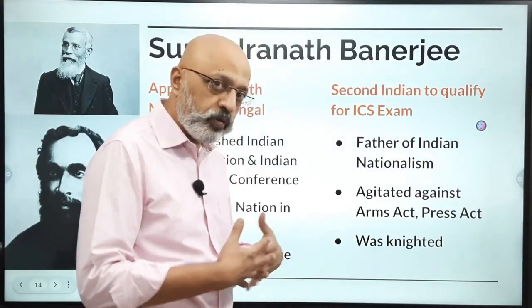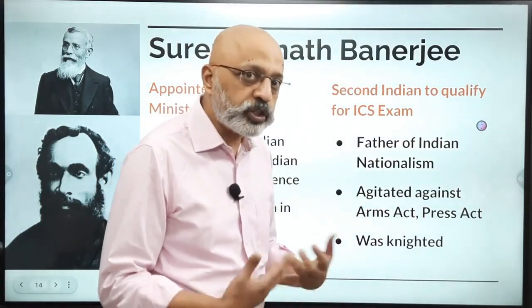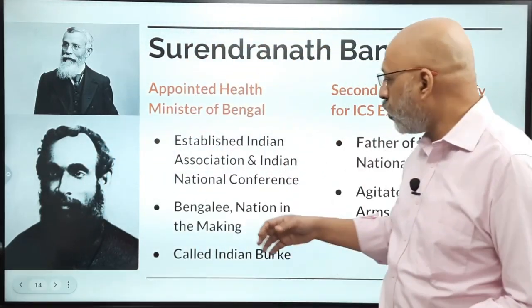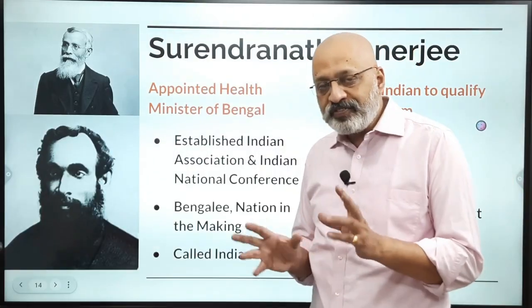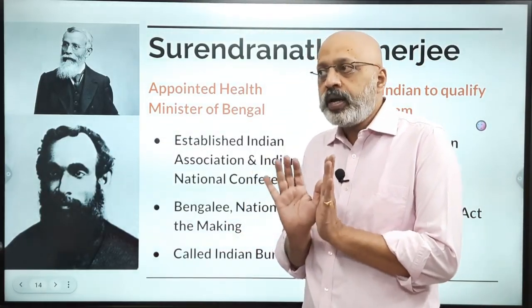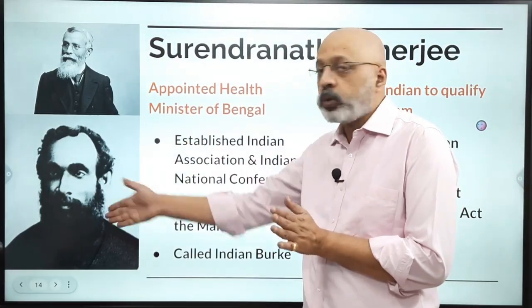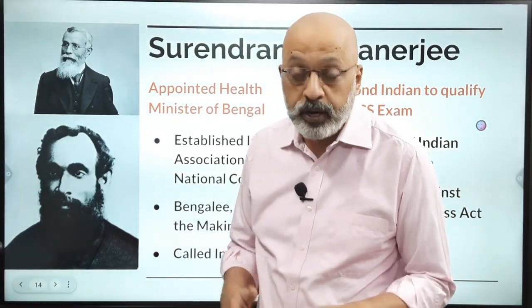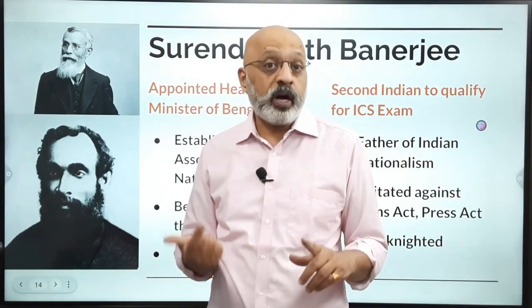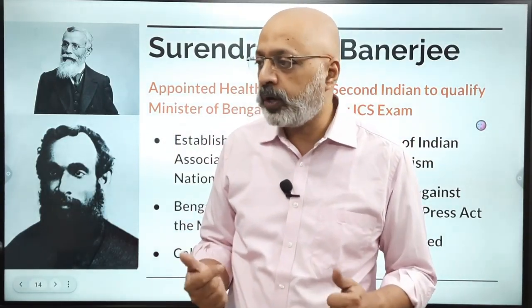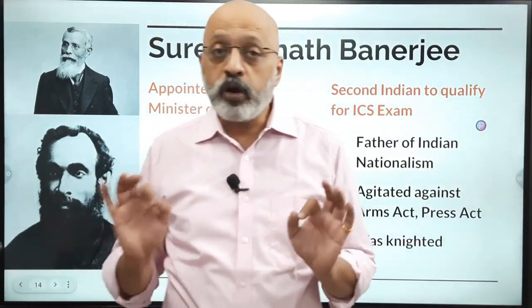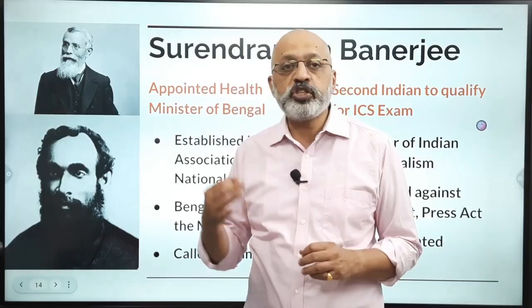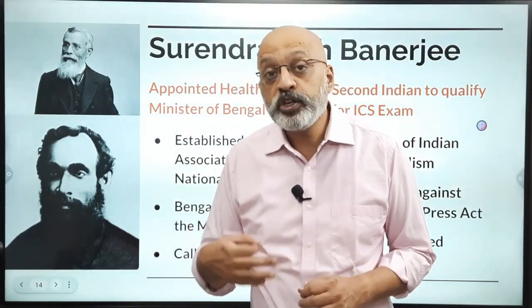So in that sense, even though he was against the British, they saw him as a friend, and because he became the health minister of Bengal, there was a sense of discomfort and suspicion vis-a-vis Surendranath Banerjee among many people. He was also subsequently critical of Mahatma Gandhi and his methods. He died in 1925. One of his famous quotes is, opposition where necessary, cooperation where possible.